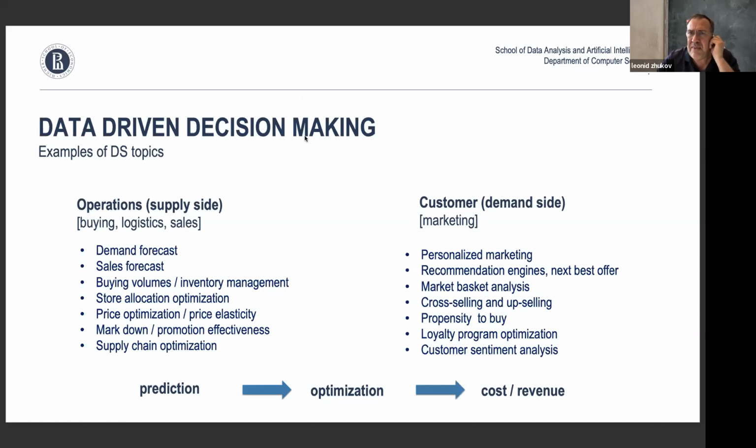So the bottom line here, guys, is the following. Whether we look on the left-hand side or the right-hand side, it's always the same story. Eventually what you want is to make money, right? And making money means increasing revenue or reducing costs. That's all there is. And that happens due to optimization.